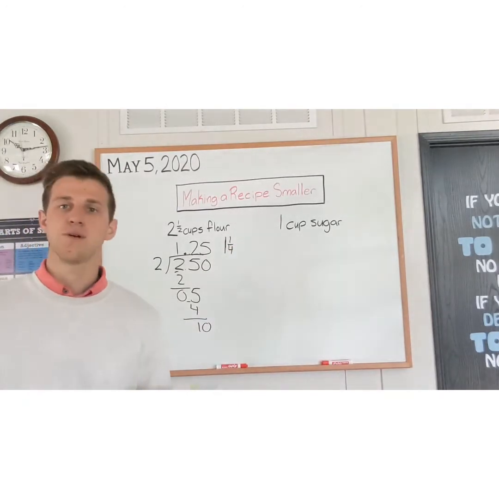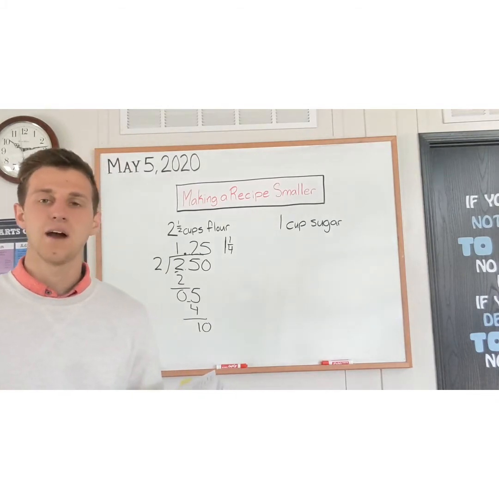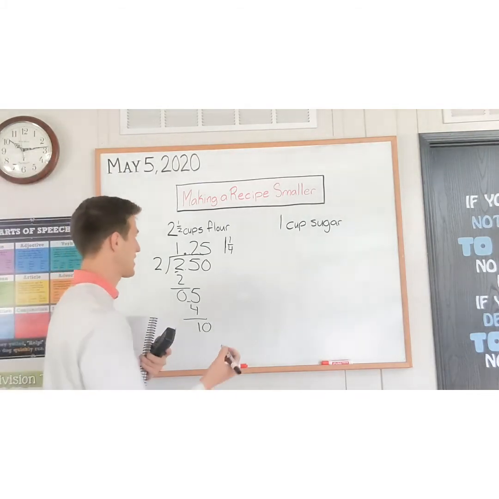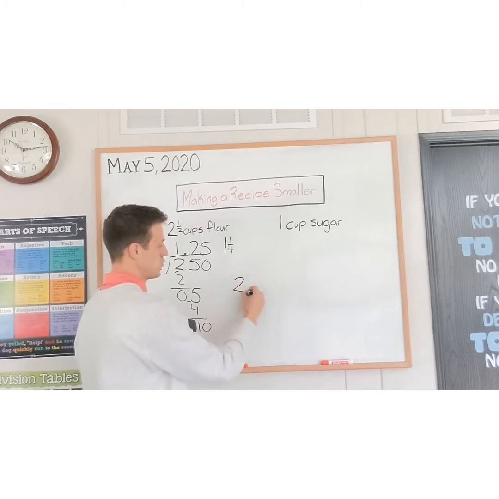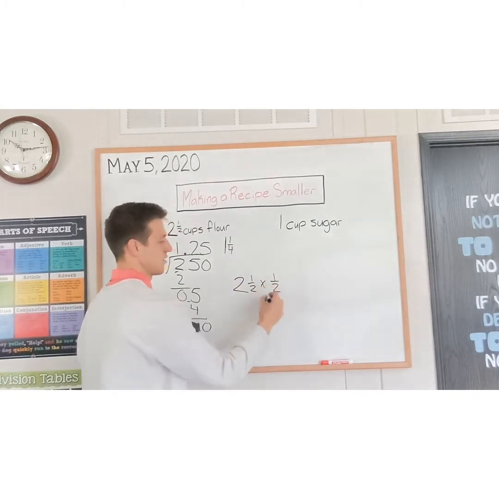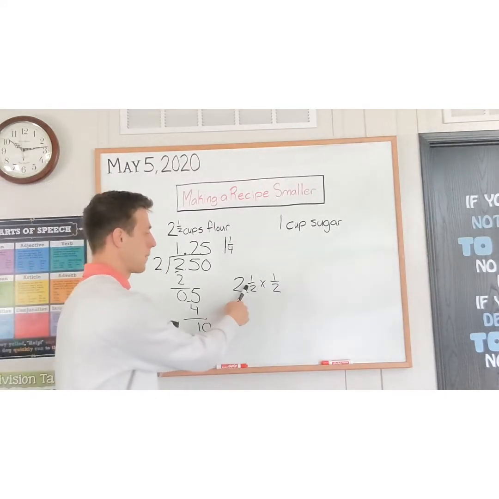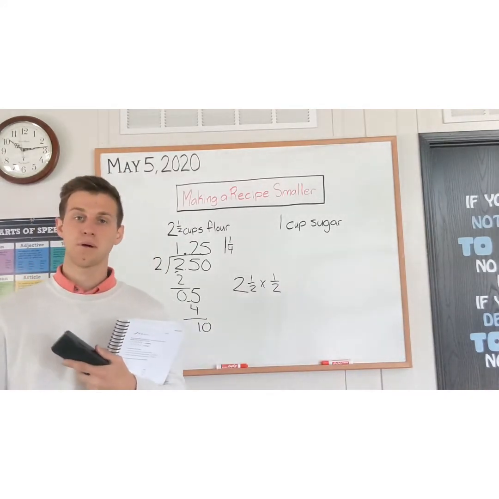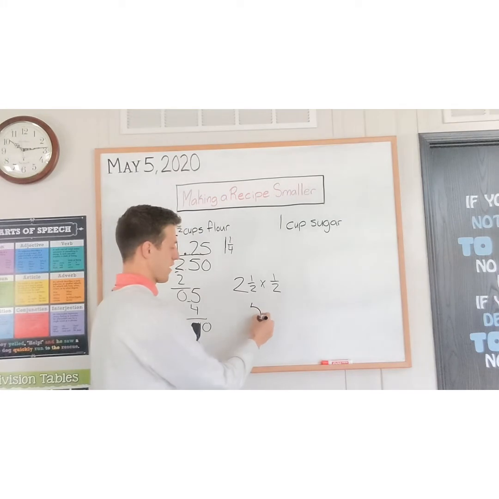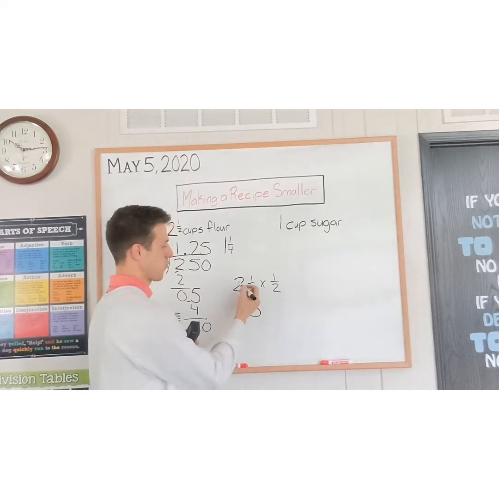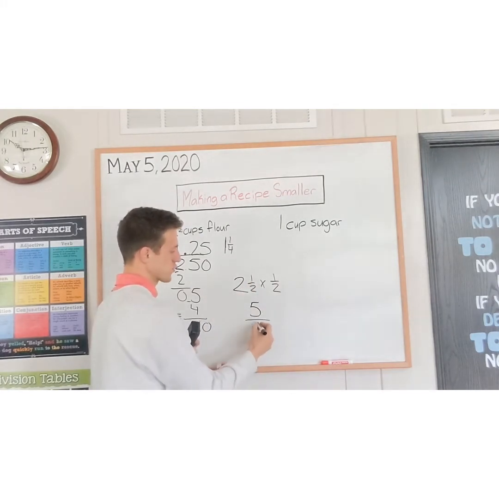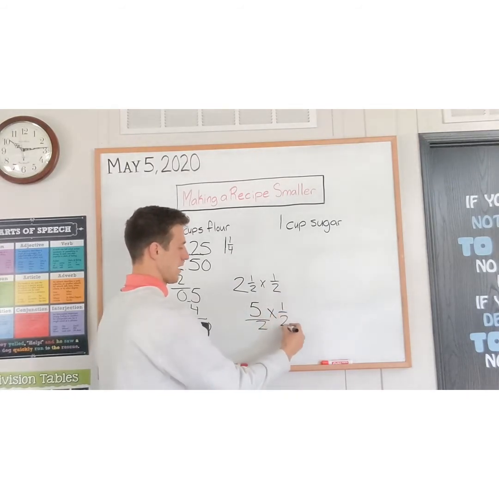Now notice what we do if we multiply by half, by our fraction half. So if we go 2 and 1/2 times 1/2, all right, we have a mixed number here, so we're gonna change it to an improper fraction. So 2 times 2 would be 4 plus 1, so we got 5/2 times 1/2.